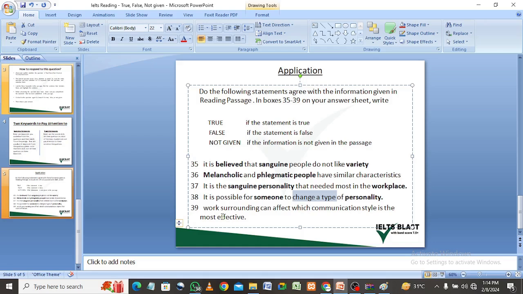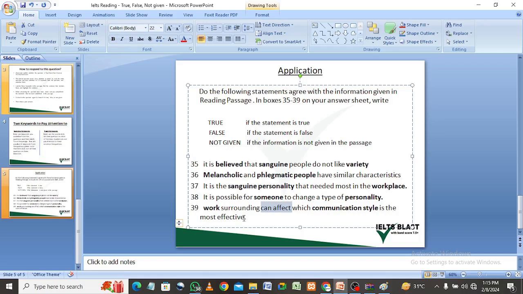Now the last question. The scanning keywords here are what? Work, communication style. These are the what? The scanning keywords. Now, what are the target keywords here? The target keywords here will be can affect and mostly effective.